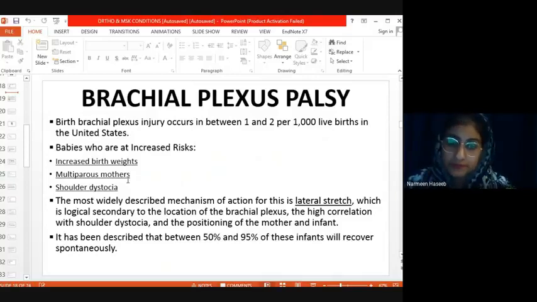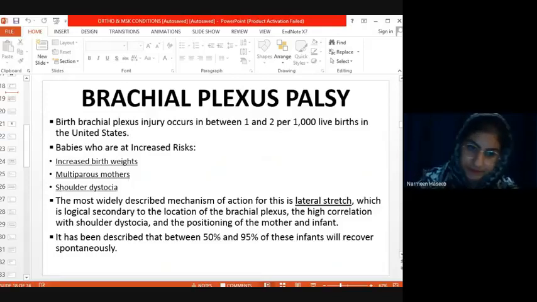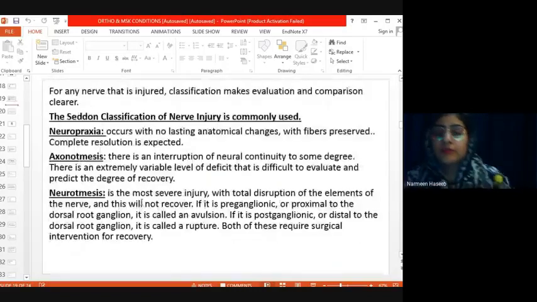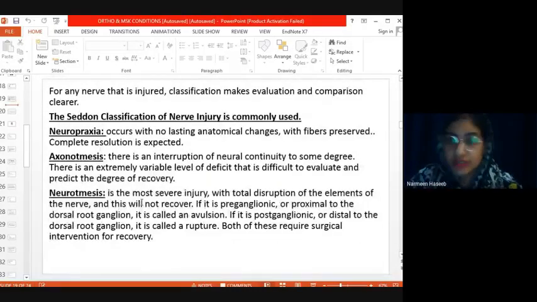It has been described that between 50% to 95% of these infants will recover spontaneously. For any nerve that is injured, classification makes evaluation and comparison clearer. The Seddon classification of nerve injury is commonly used.